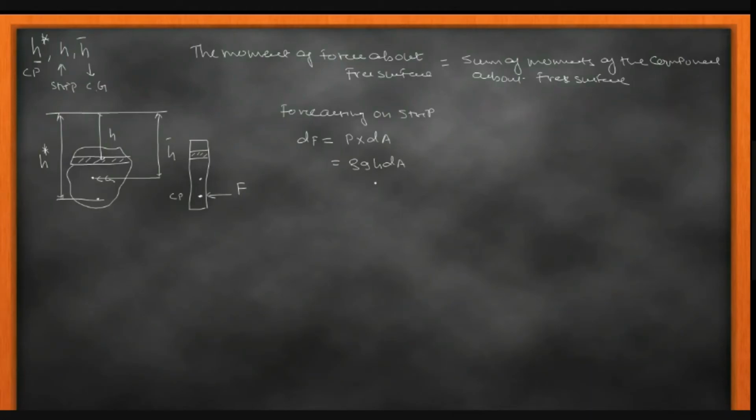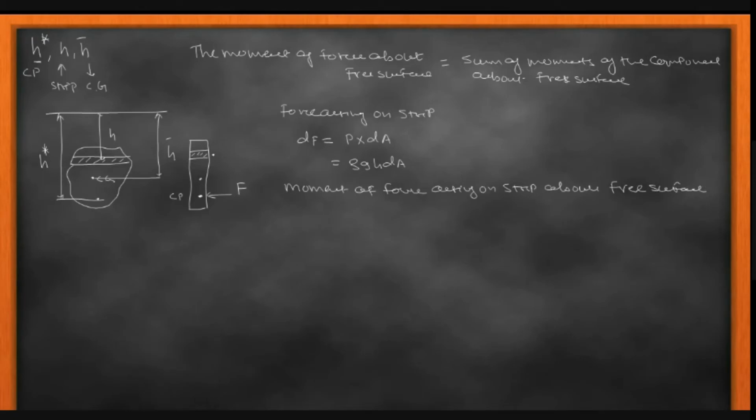So we get this. Now we have to take the moment of the force acting on the strip about the reference line that we are taking, that is the free surface.